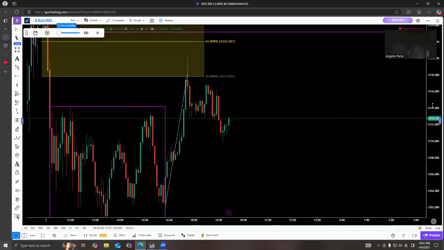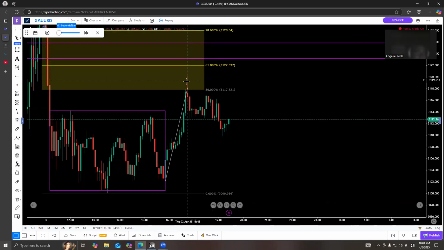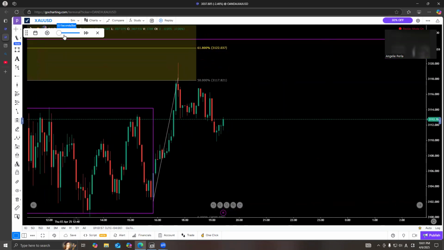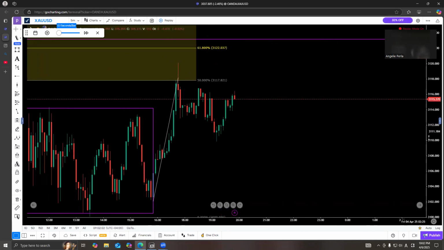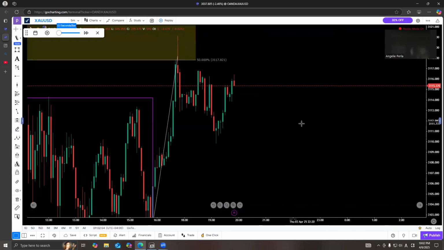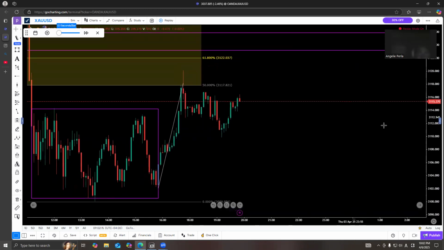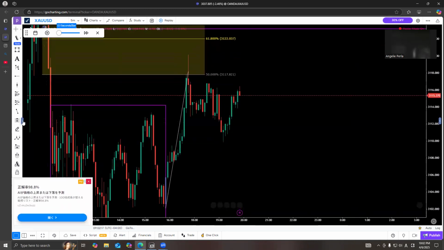All right, so I was waiting. As you can see, we are displacing back in this area, but I was waiting for my confirmations to go short. Notice that we have a bearish order flow, and then we have a solid bullish action.